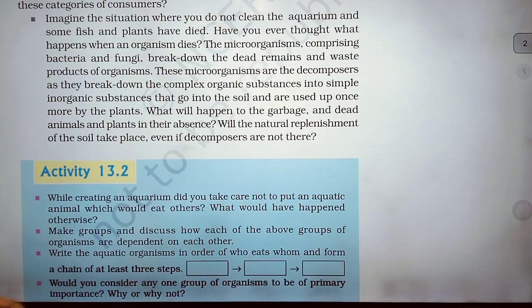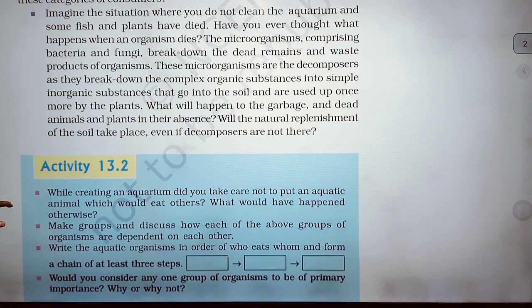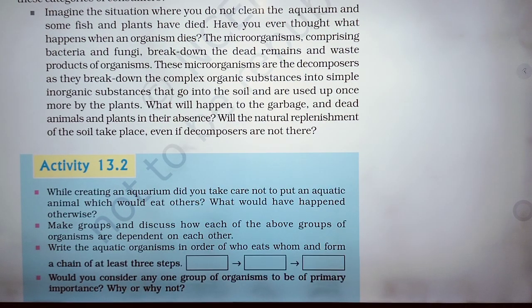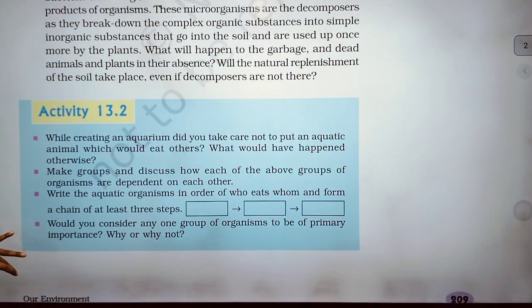What will happen to the garbage and dead animals and plants in their absence? Will the natural replenishment of the soil take place even if decomposers are not there?